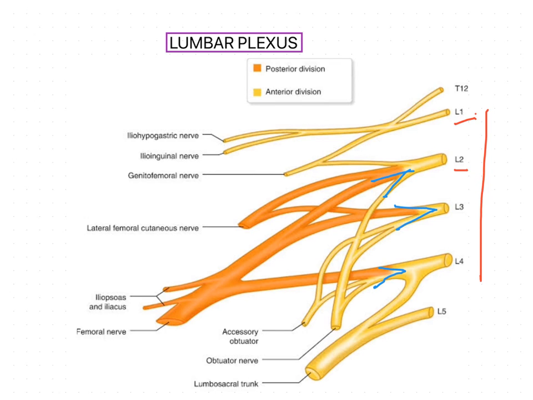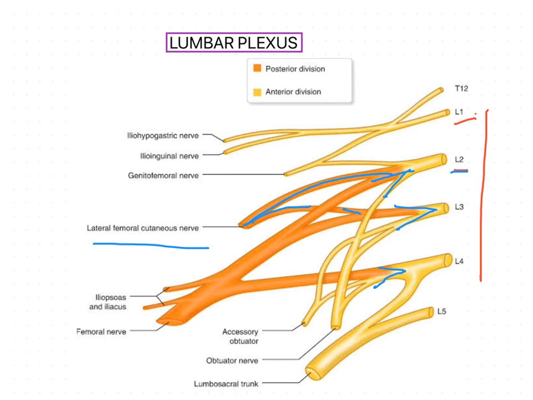Now we will see the dorsal branches. The dorsal branches of L2 and L3 both form the lateral femoral cutaneous nerve, or lateral cutaneous nerve of the thigh.